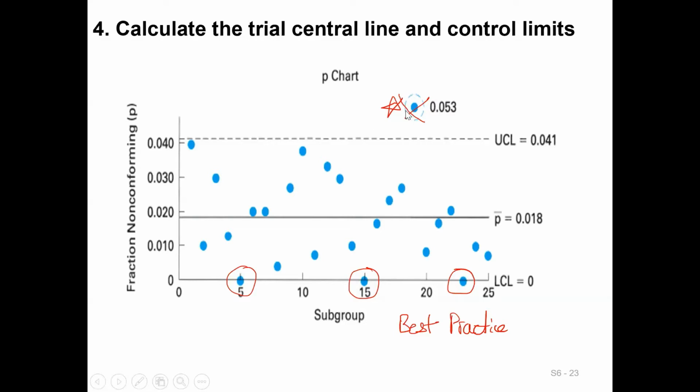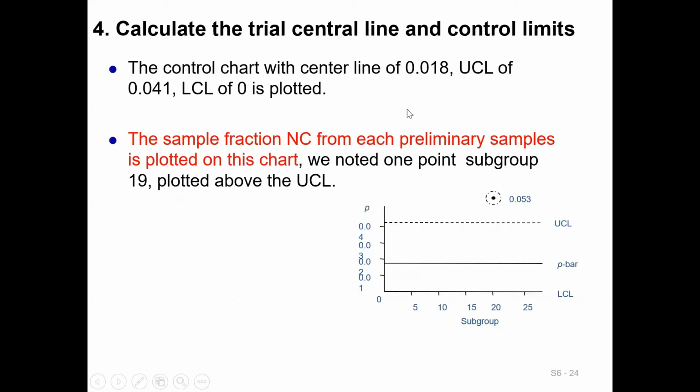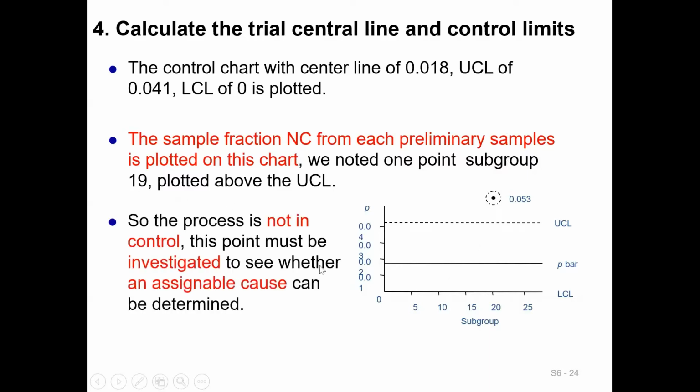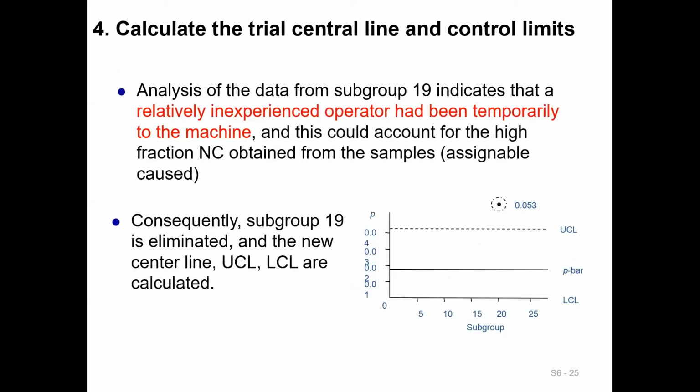To remove, it is quite standard. This point is from subgroup number 19. So what I need to do is investigate and see whether there is an assignable cause. You must be able to find the assignable cause before you remove the point.